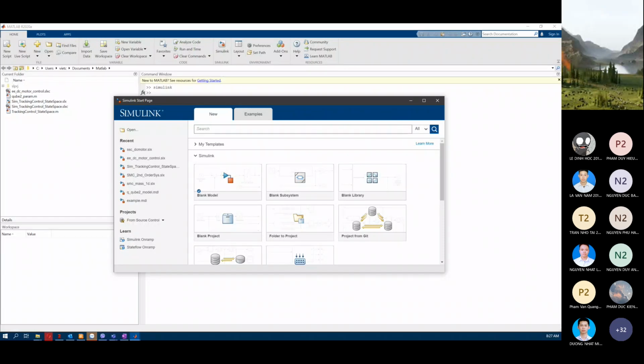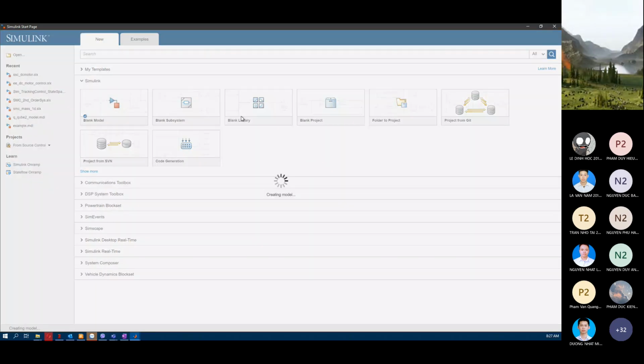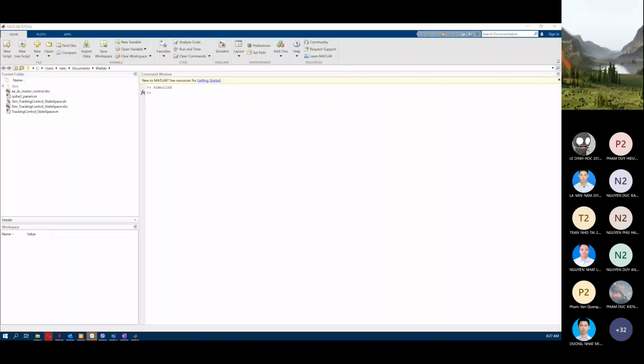Here are the Simulink windows. Okay, I will open a new model, just a new system.